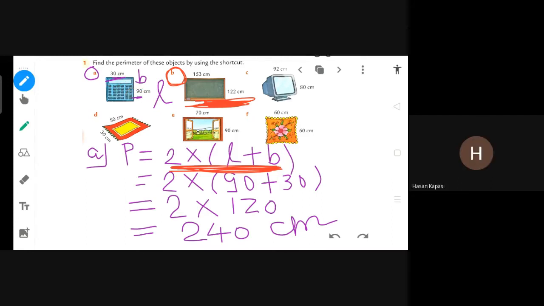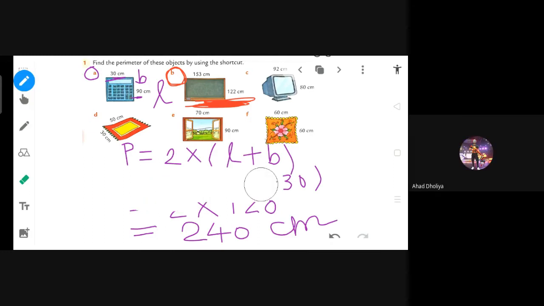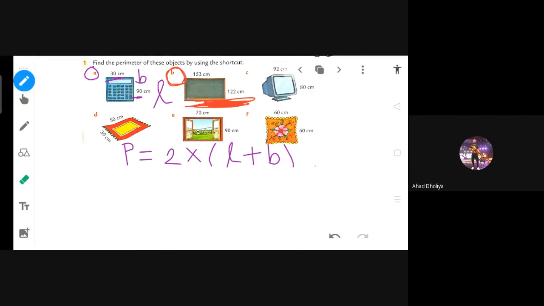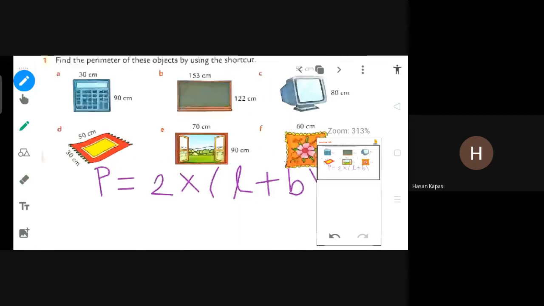Ma'am, first, I had learned that perimeter of rectangle. So now we have the second question. First you have to tell me, in question B, which is length and which is breadth.